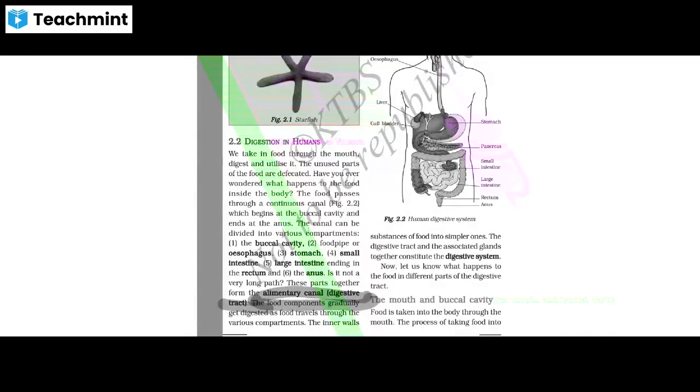Buccal cavity, food pipe or esophagus, stomach, small intestine, large intestine, rectum and anus. How the buccal cavity helps to convert complex food to simpler food, or how it participates in the digestive system, we'll discuss in the next class.